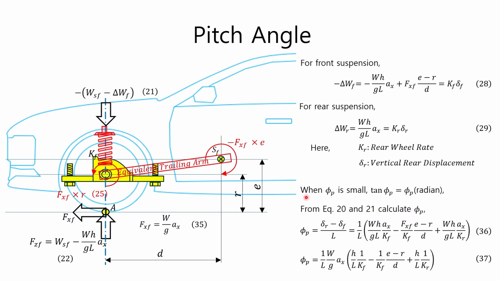When the pitch angle phi is small, an approximation can be used, where the tangent of phi p is equal to phi p. In this case, phi p is in radians. After rearranging equation 28 for the front spring displacement delta F, and equation 29 for the rear spring displacement delta R, substituting these two displacement values into the second equation of equation 36 yields the pitch angle phi p when a driving force is applied in a front-wheel drive vehicle with independent suspension, as shown in the third equation of equation 36.